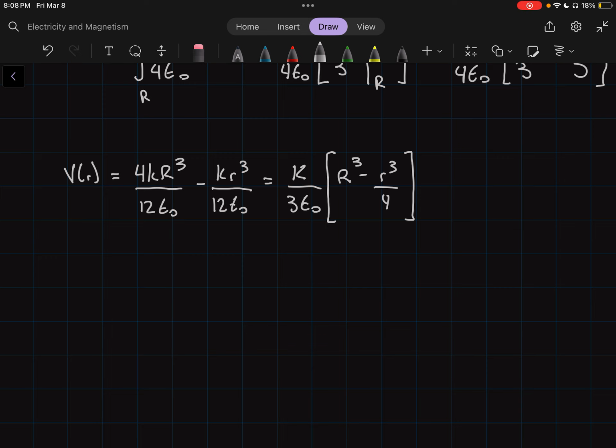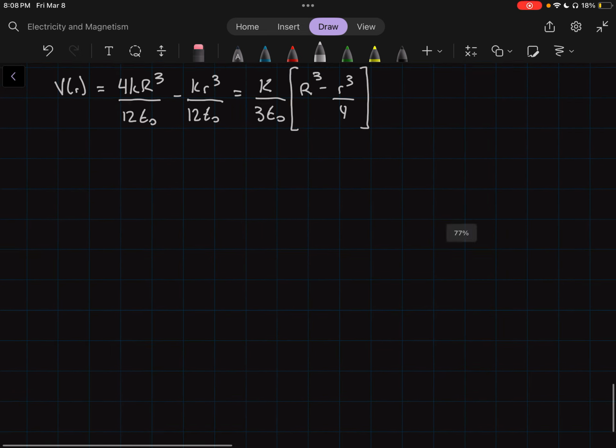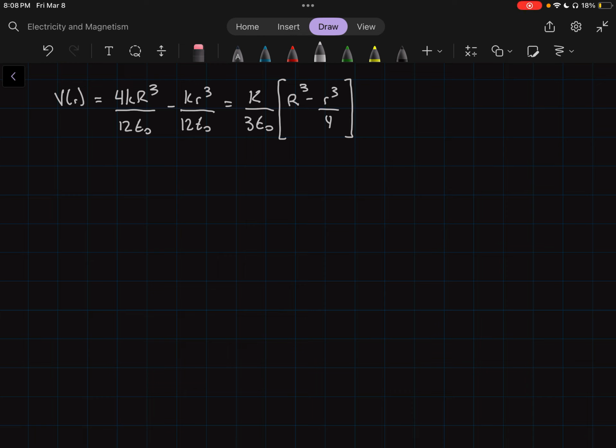So now to actually apply the method for finding the work. So of course, work equals 1/2 the integral of rho times our potential, which we just found, d tau.